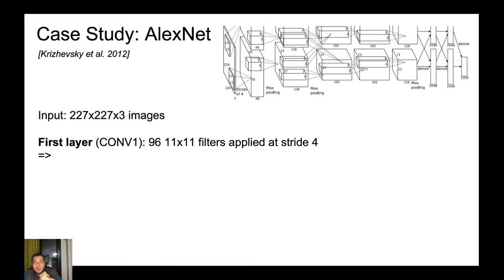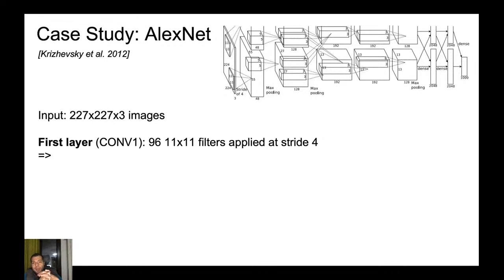The next important architecture in literature is AlexNet. This was introduced by Krizhevsky and Hinton when they participated in the ImageNet competition. So they proposed this architecture with 8 layers that was later named AlexNet.